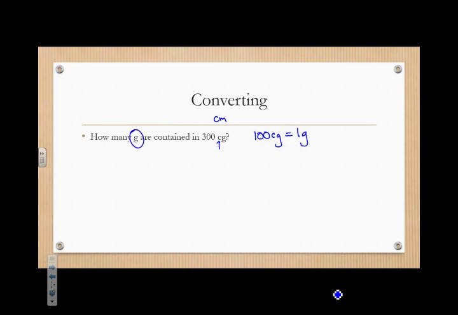So the question asks me to figure out grams, and it gives me centigrams. So I'm going to start with the unit and the measurement that I'm given. There are my 300 centigrams. I know this conversion, and I also know that if centigrams is up here, then centigrams also has to be down here. So I check this and see where's my centigrams.